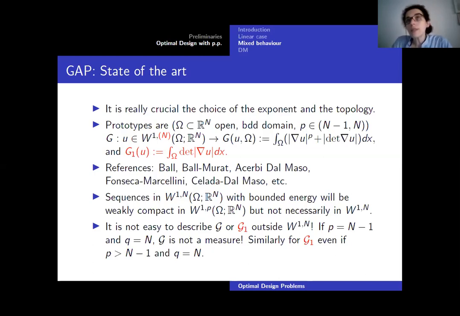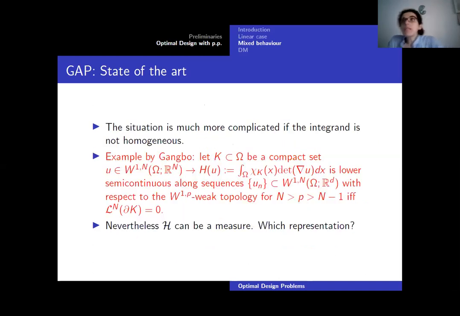So it is important, at least to avoid the Lavrentiev phenomenon, to have good conditions on the exponents that ensure the possibility of having this relaxed functional be a measure. This is what happens in the homogeneous setting, but it is also important, and I guess this example has a certain connection even with the model that I was studying, when there is inhomogeneity.